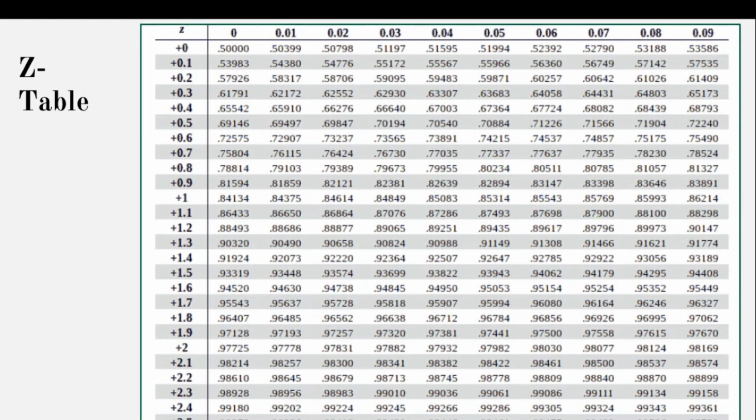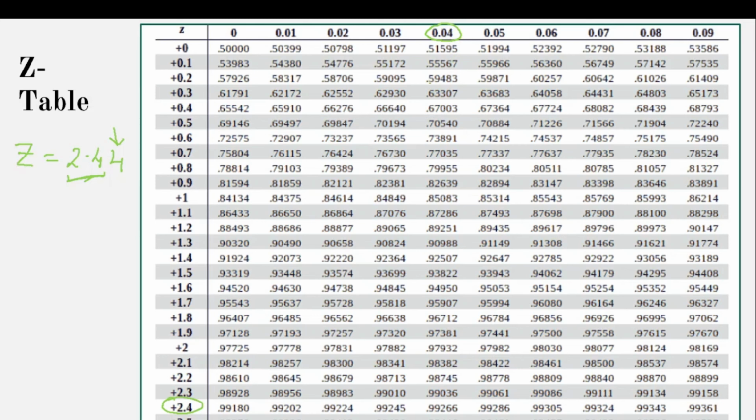Now let us see what a z-table looks like. As we calculated, the z-score was equal to 2.44. To get the value, I need to map the first 2 digits of the z-score on the y-axis and the third digit on the x-axis. If I look at this z-table, 2.4 lies over here, and if I look at the x-axis for the last digit, that is 4, the value 0.04 lies over here.